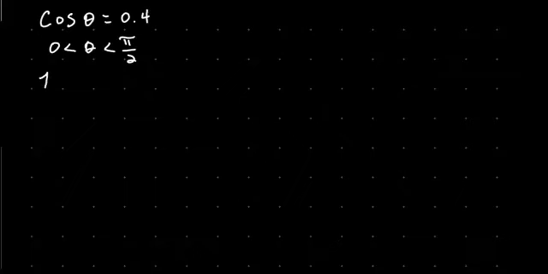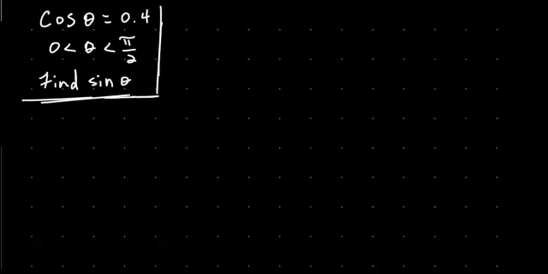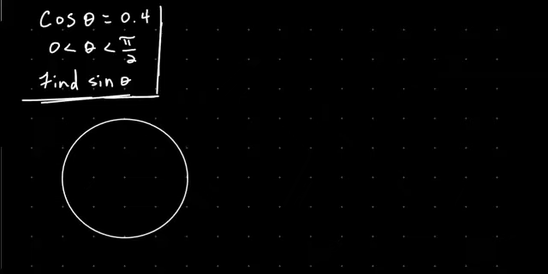Now let's find sine theta. So here's our problem. Let me sketch a circle. It's always a good idea to sketch a circle anytime you're doing these to make sure you understand what you're really looking for.